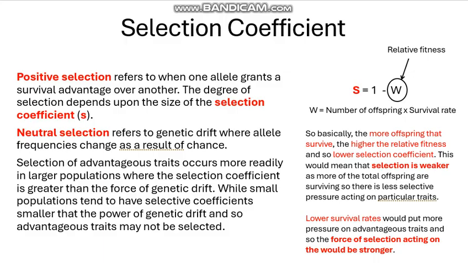So basically that means that the more offspring that survive, the higher the relative fitness of the trait, because individuals with that trait are surviving more frequently, which results in a lower selection coefficient, because as W gets greater, S gets smaller. This would mean that selection is weaker as more of the total offspring are surviving, so there is less selective pressure acting on particular traits.